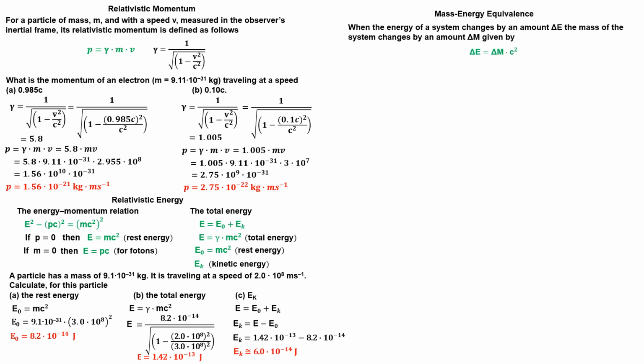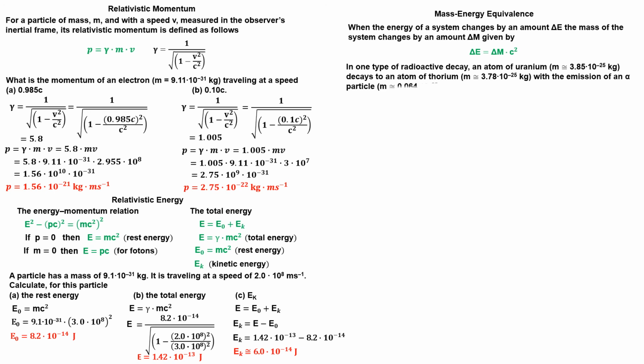Probably the most well-known application of this formula is nuclear fission. Let's see an example. Uranium decays to thorium with the emission of an alpha particle.